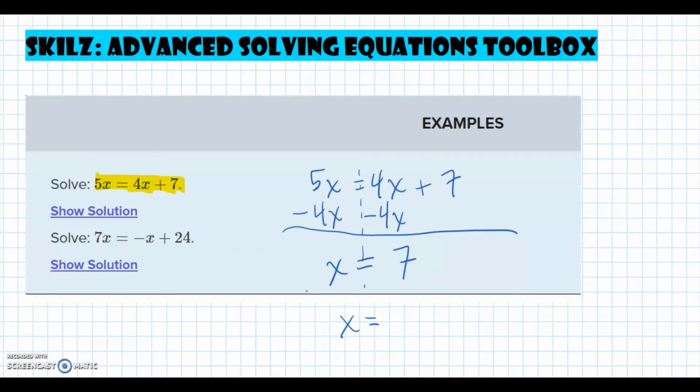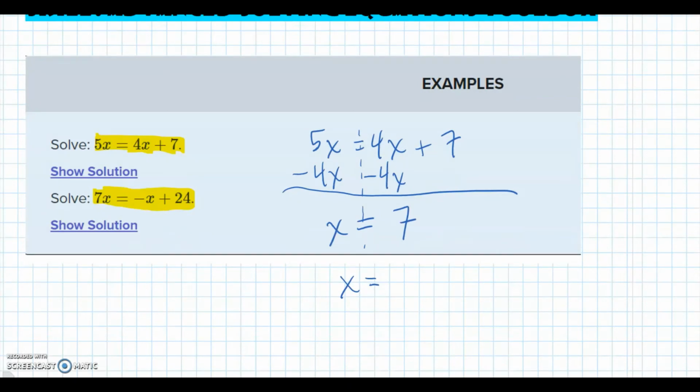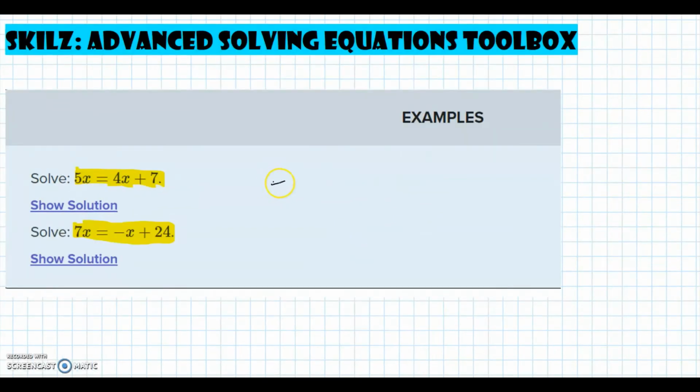Let's look at this other question. 7x equals the opposite of x, or negative x, plus 24. There are a number of moves to make, but I think the easiest one is to add 1x to both sides.